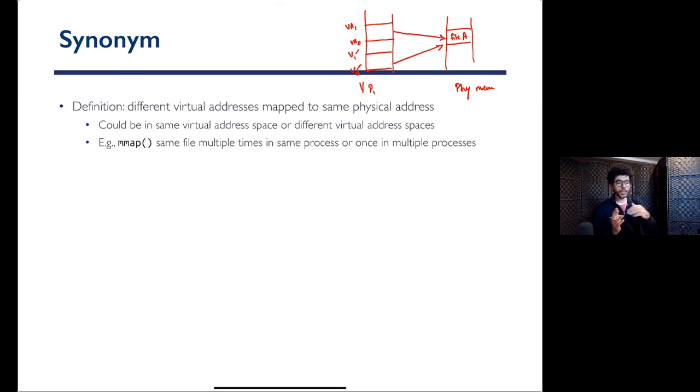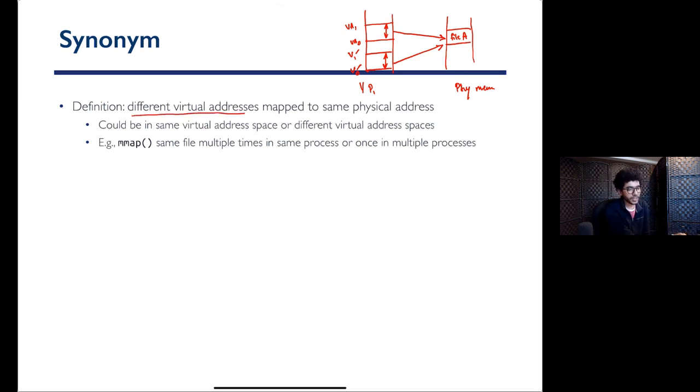And both of them are going to be pointing to the same physical address range. Now, what has happened is I have two virtual ranges in the same process being mapped to the same physical address. So this is what synonym means.